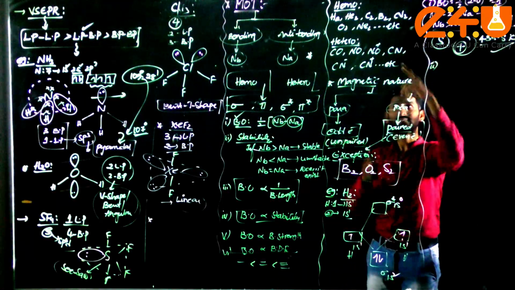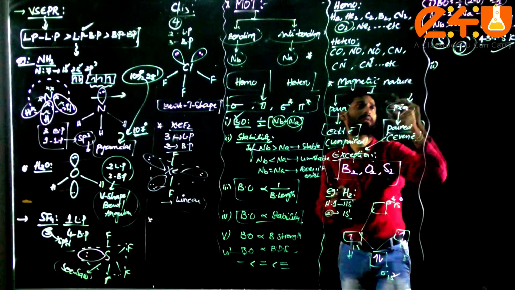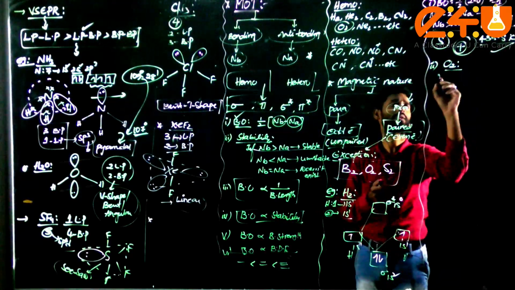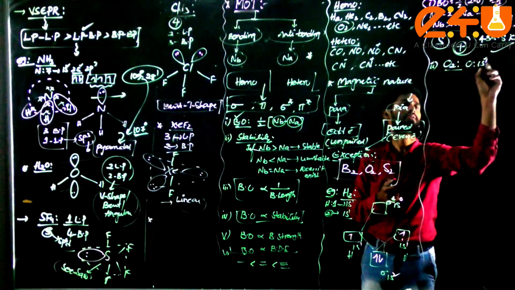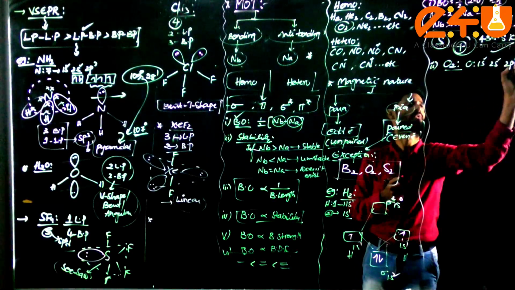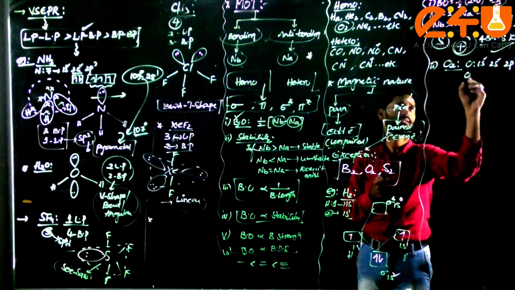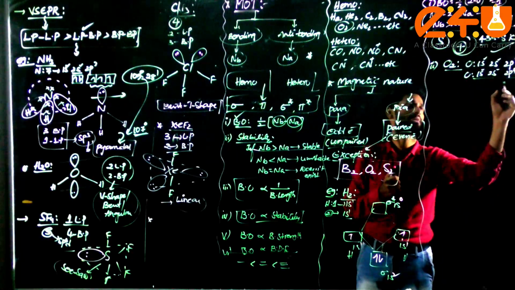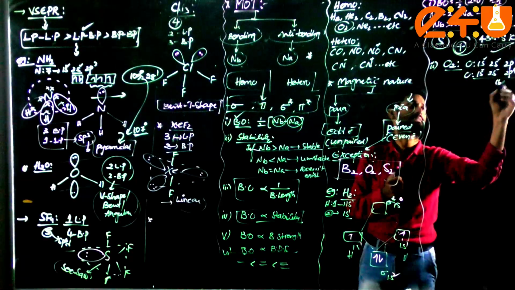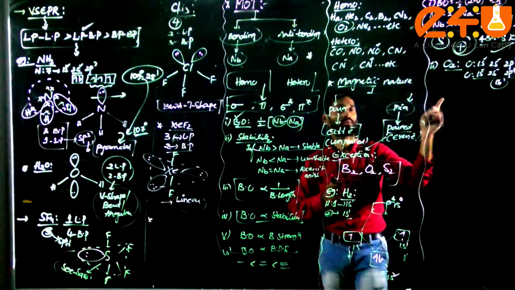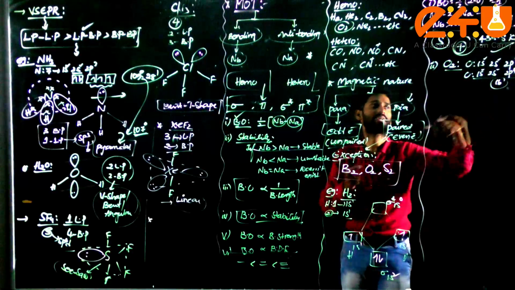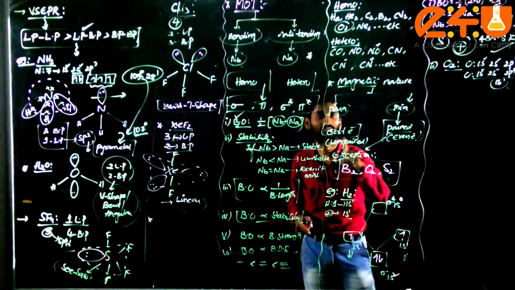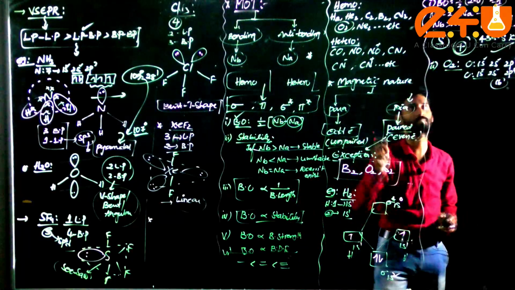Next one, let me take one more molecule here, O2. Generally the oxygen electron configuration is 1s2, 2s2, 2p4. This is one oxygen atom only. I am writing one more, 1s2, 2s2, 2p4. If you take the total number of electrons, 8 plus 8, 16 electrons. Don't forget, 16 electrons, that is even. No sir, I should not immediately mark it diamagnetic, that is wrong. It comes under paramagnetic substance because it is an exception case.